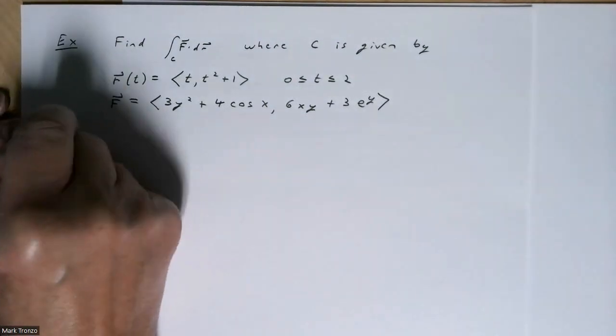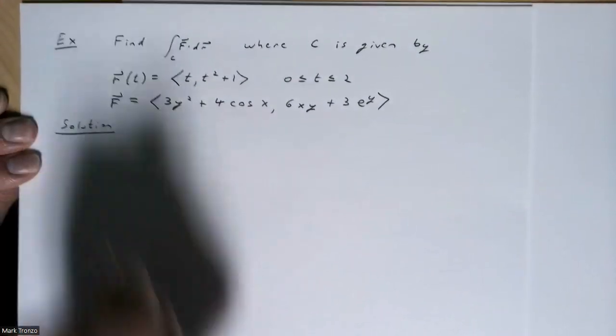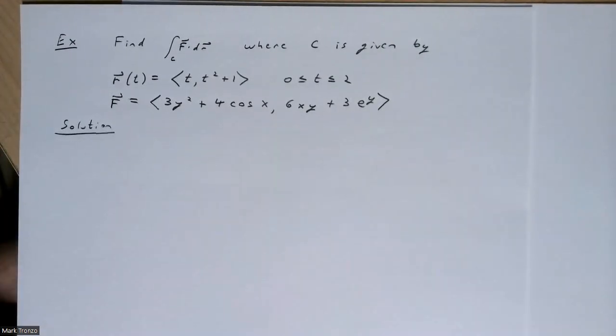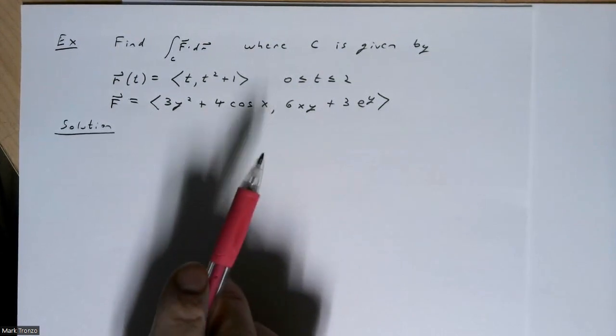So let's do this. Now, the first thing we should check is to be sure that we have a potential function available. Not all vector fields come from potential functions.